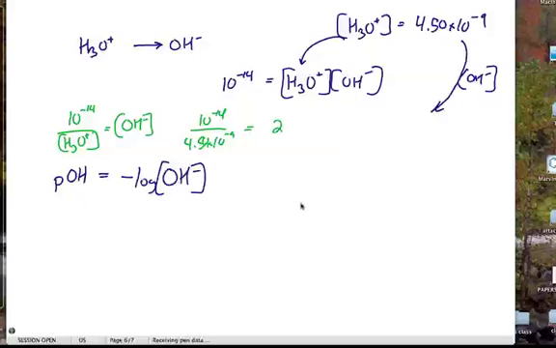It's equal to 2.222 times 10 to the negative 6th, which is equal to the OH minus concentration. If we wanted to find what the pOH is, we would plug that value into our equation, negative log of that.